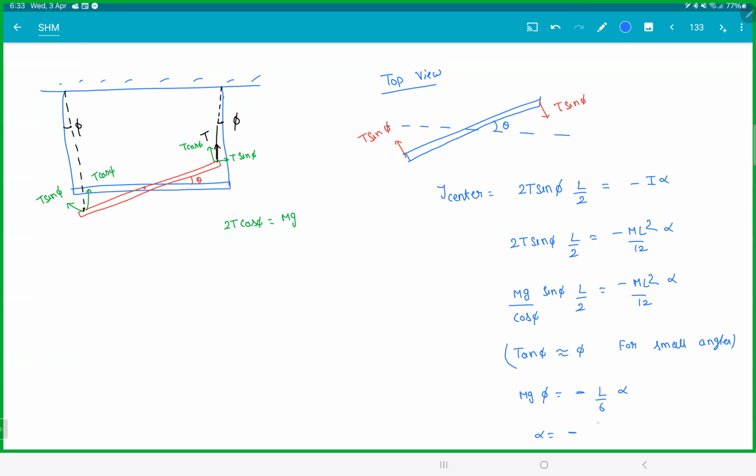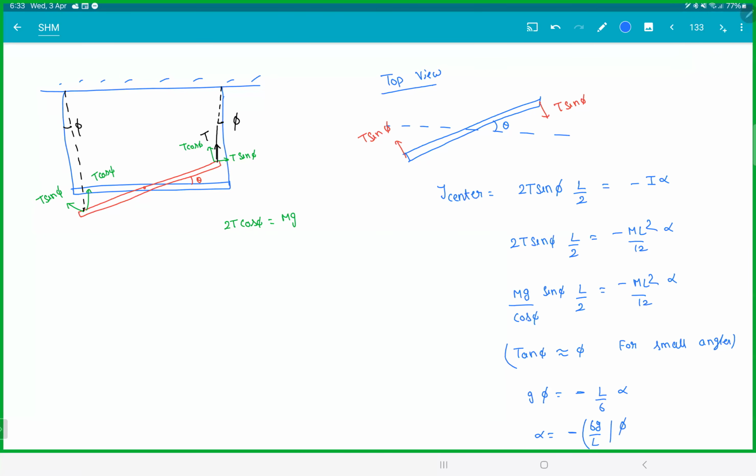Alpha is equal to minus 6g by L phi, and this is wrong. Why? You need it in terms of theta.